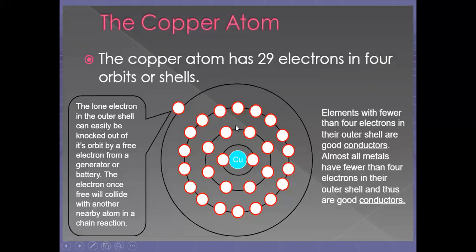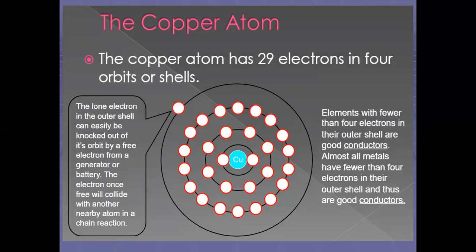What we can see is there is only one electron in the outer orbit. This is the main reason copper is a very good conductor of electricity, because with a little force, this electron can move out and flow around. That's the flow of charge and electricity. So this is a good conductor.